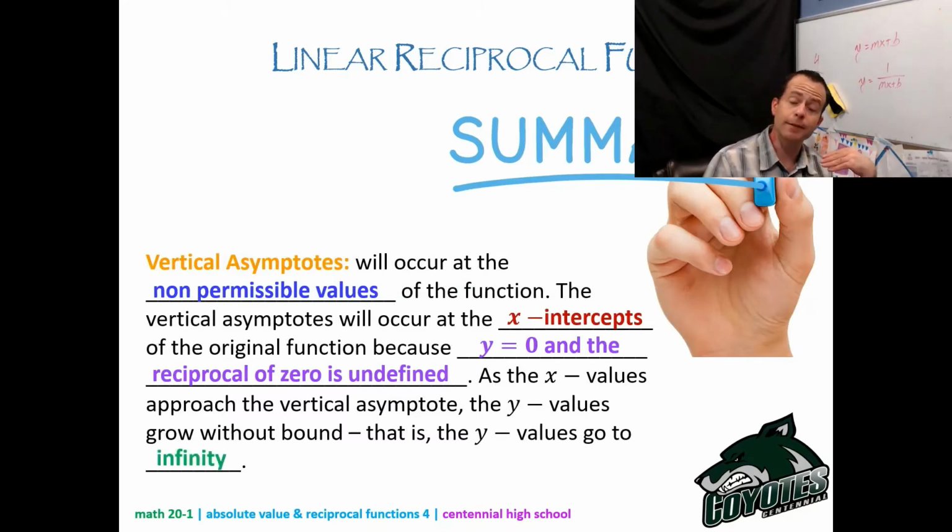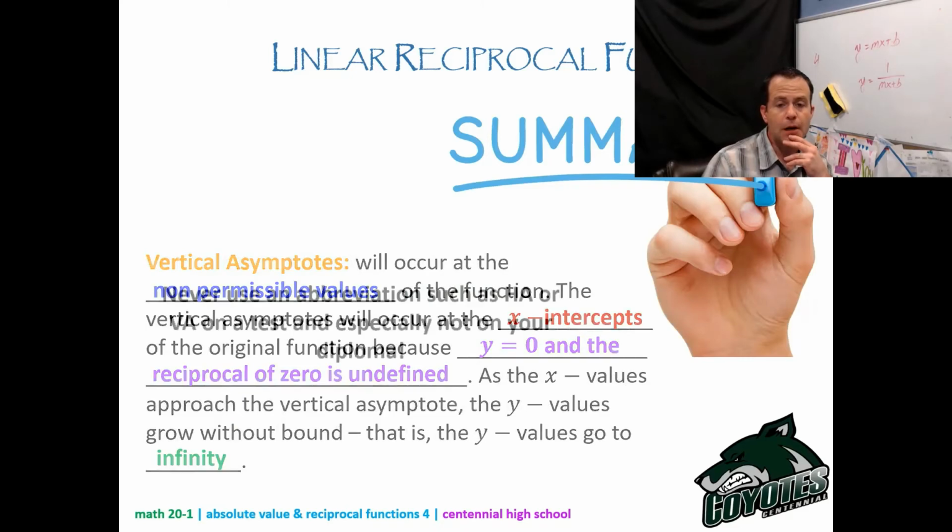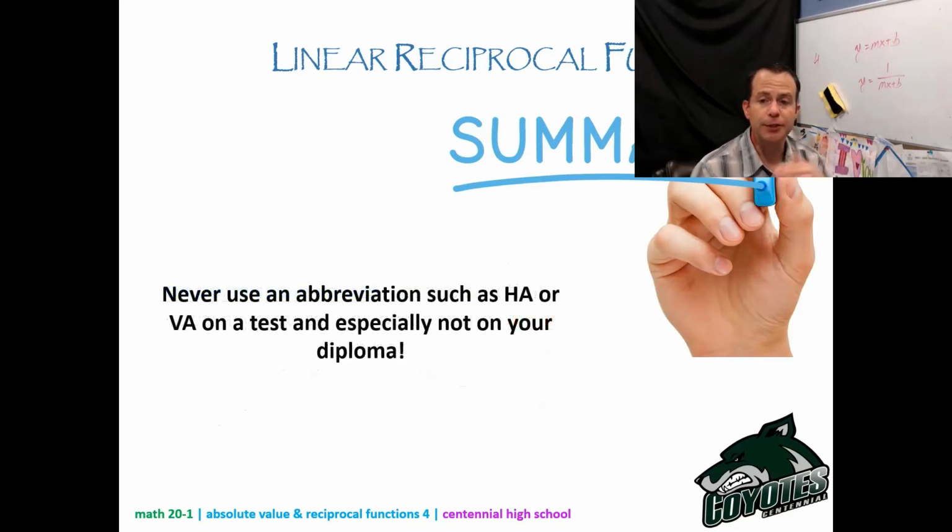Whether that's positive infinity or negative infinity doesn't change the fact that it's a vertical asymptote. Okay, awesome. Never use an abbreviation such as HA or VA on a test, and especially not on your diploma, okay? That's super important. You always use full words, full communication on any written assessment, okay?